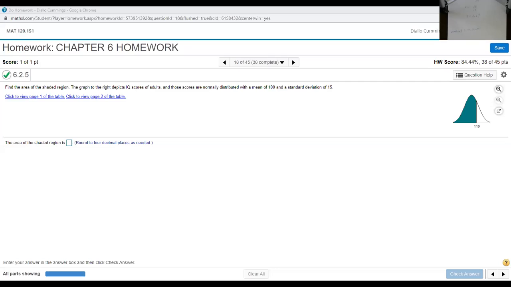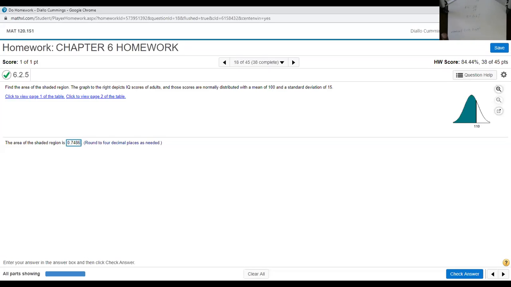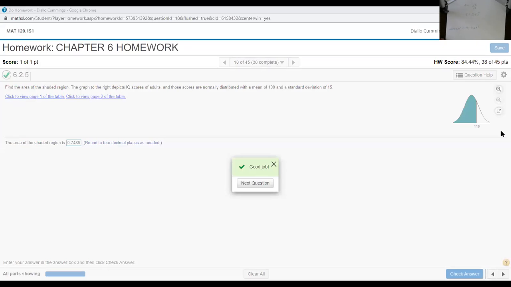So I'm going to put this in my calculator as the normal CDF from -10 to 0.67. And we have an area of 0.7486. All right, so we've converted 110 to a z-score, and then we use a normal CDF.